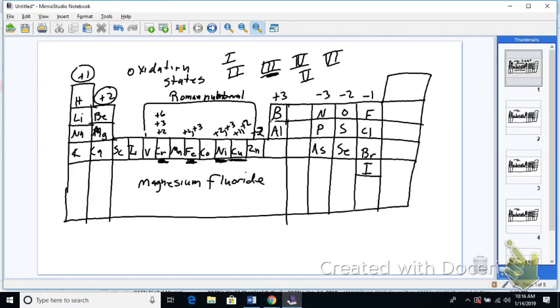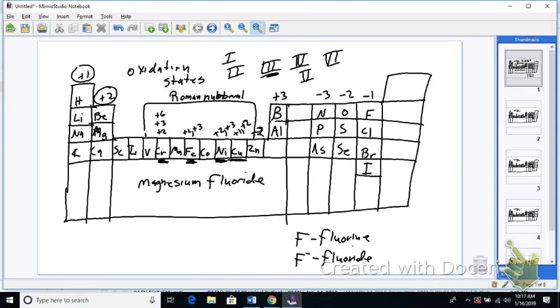Is there any difference between the fluoride and what's the name on the periodic table? Okay, so on the periodic table it's fluorine, and in the name I have fluoride. So let me tell you the difference. This is fluorine, and this is fluoride. What's the difference? It's a negative. I'm telling you the charge.